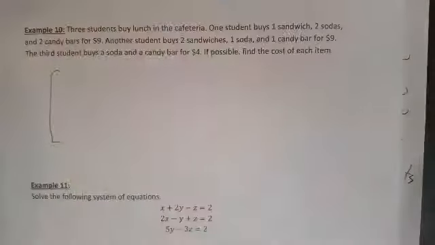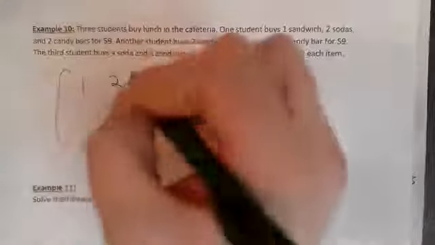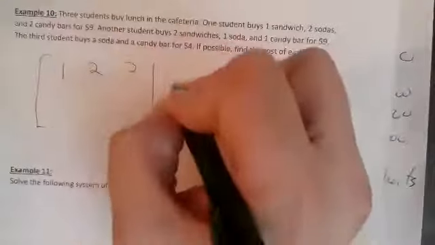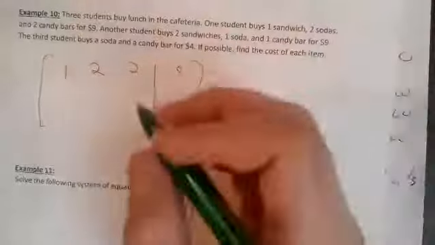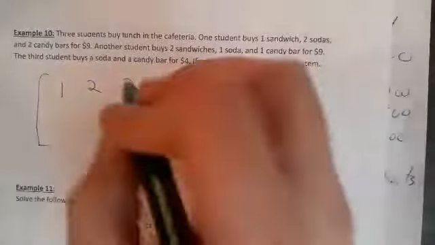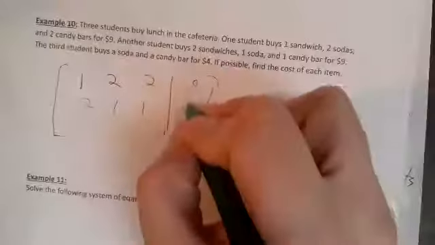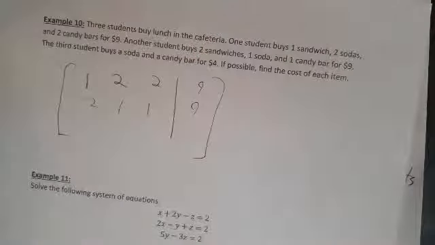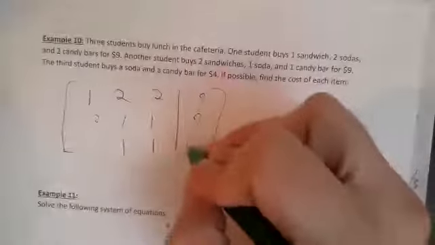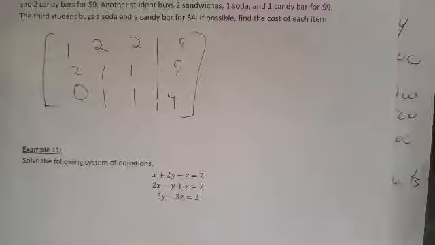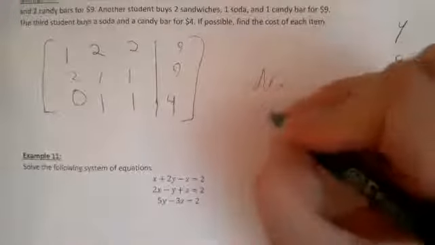So I'm just going to jump to the matrix that you should have off of this thing. So 1 sandwich, 2 sodas, 2 candy bars, $9. 2119. And then the last one was a soda and a candy bar. 1 soda, 1 candy bar. I don't have much time, so I'll just tell y'all this one should be enough.